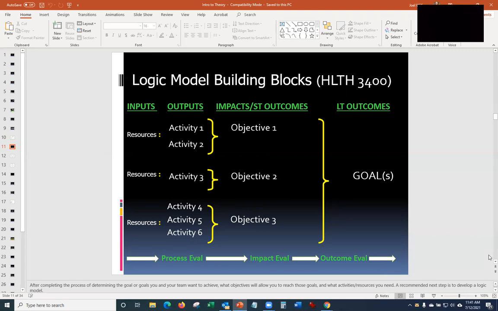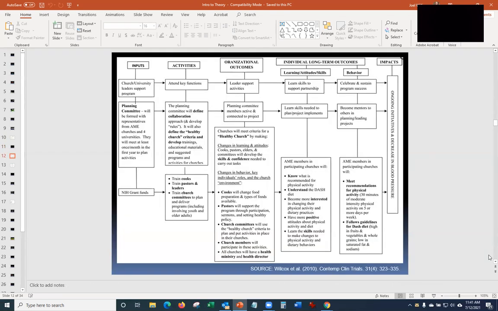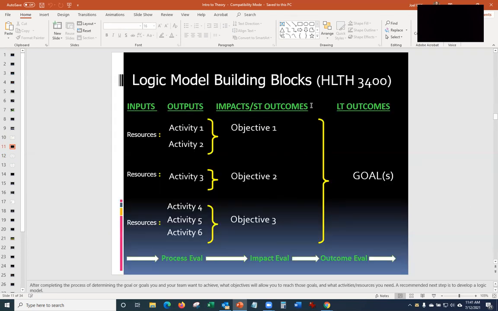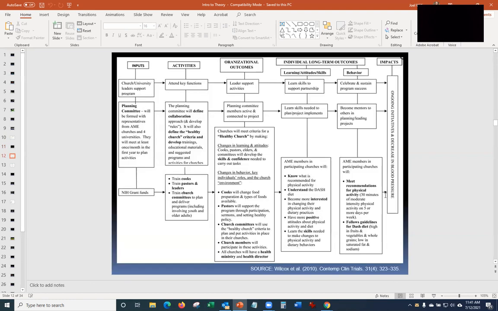And what we're going to do is circle back and focus back down on some specific behavioral theories. This is an example of a logic model. In this slide we're looking at a generic framework for what a logic model might look like, and then here we have a logic model that's actually got real concrete stuff in there.